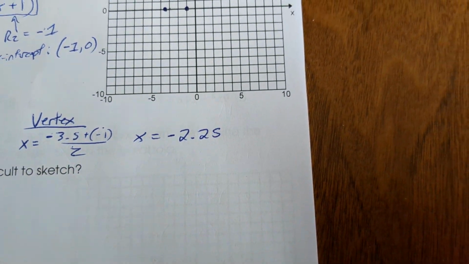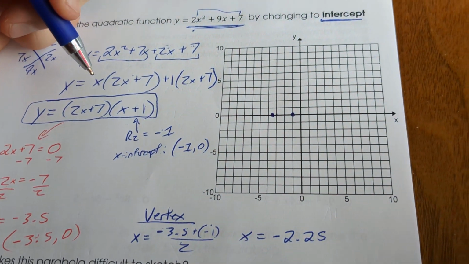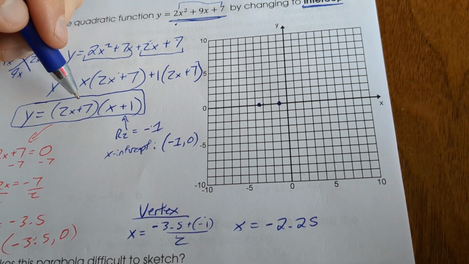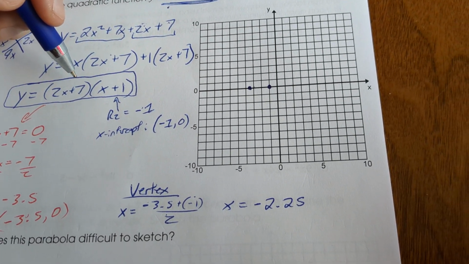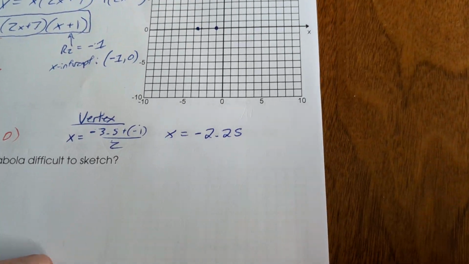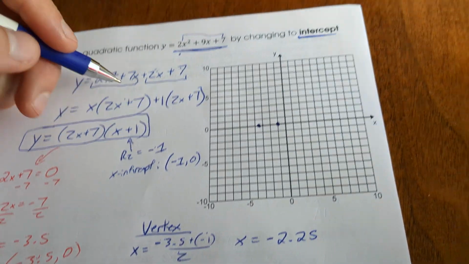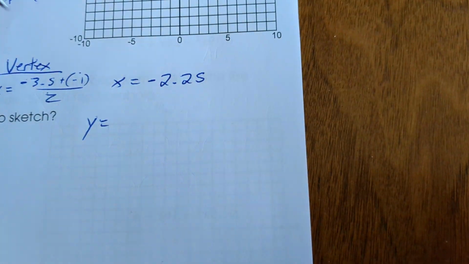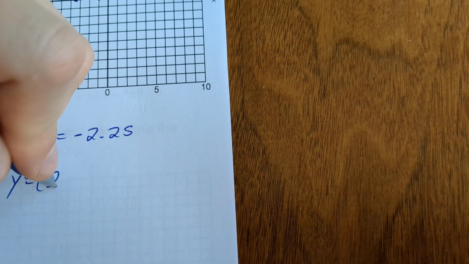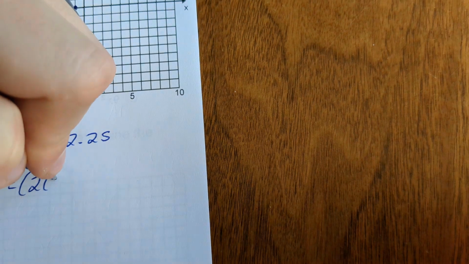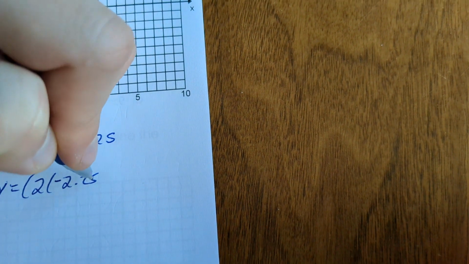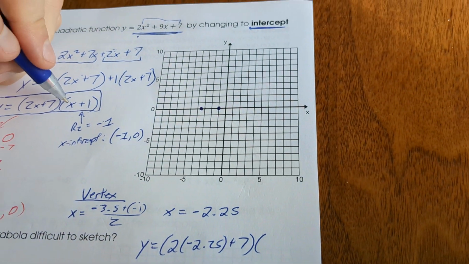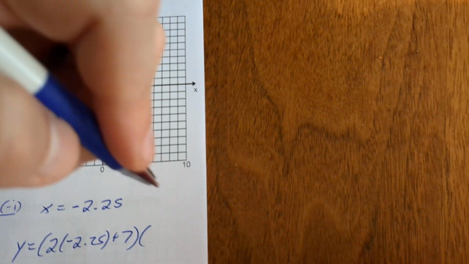And now we plug this into our original equation to get our y value. You can plug it into this one or this one. I think this one might be a little easier. So we have y equals 2 times x, where x is -2.25 plus 7, times x plus 1.